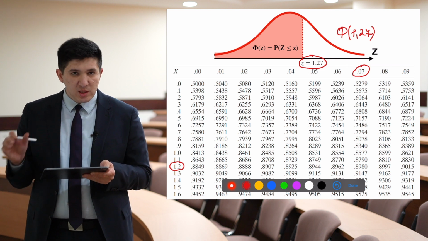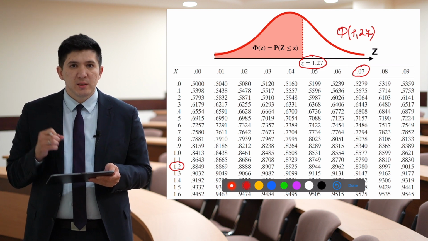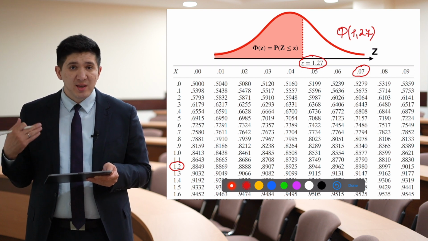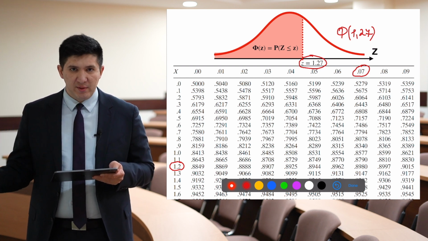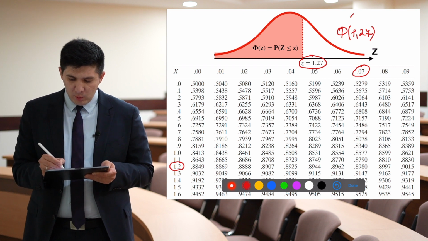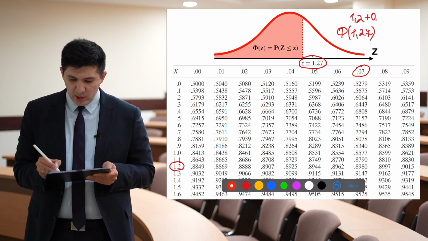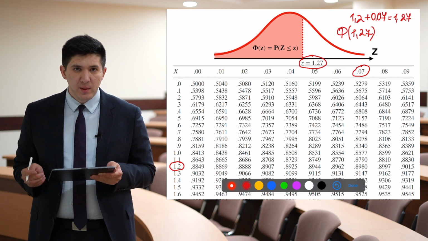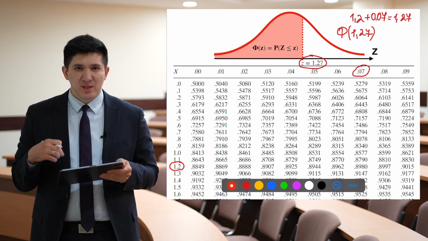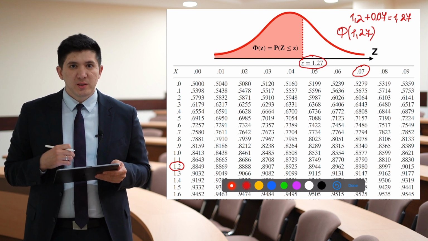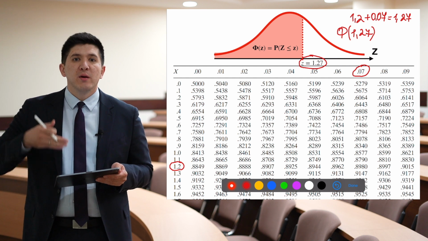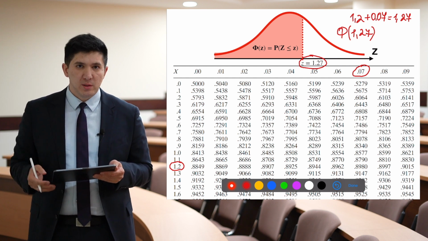I'm choosing these two values because the sum of 1.2 and 0.07 gives exactly 1.27. So 1.27 is split into two parts, and you have to find the parts of 1.27 from the first column and from the first row.